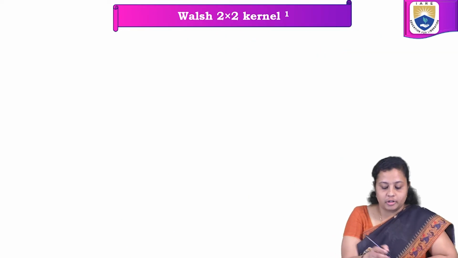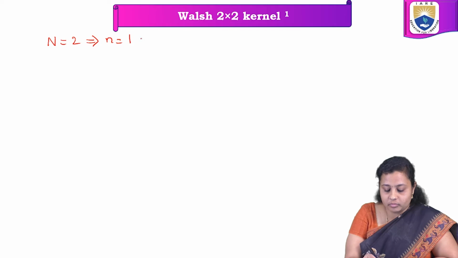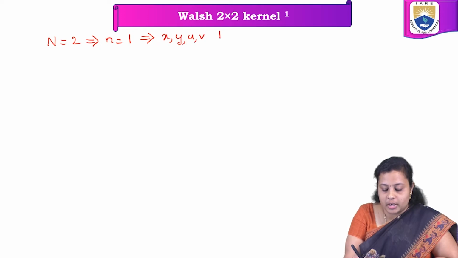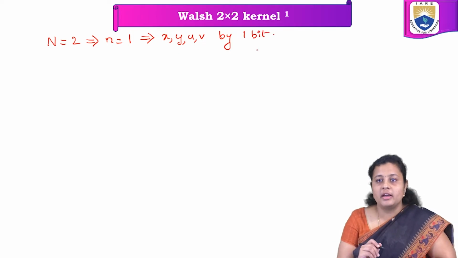So let's continue for the order 2. If N is equal to 2, which means that small n is equal to 1, I am going to represent my x, y, u, v values by 1 bit.